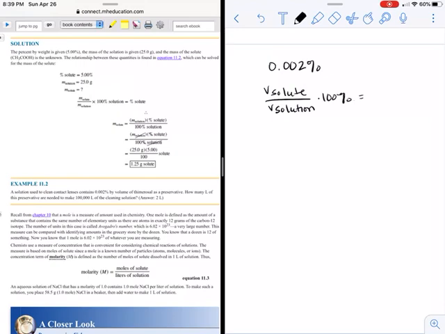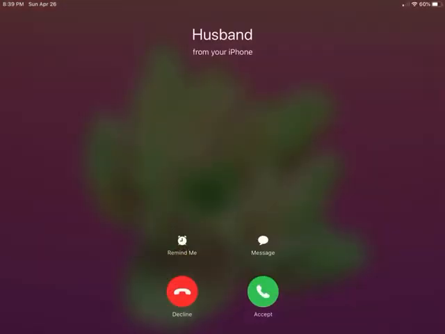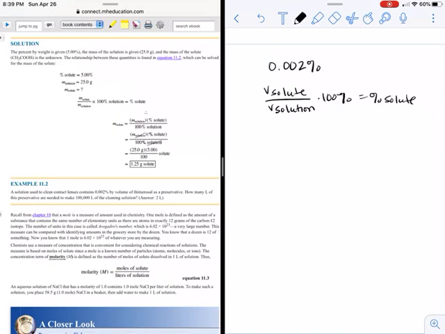So you can do the same exact equation. If you are going to try to figure out how much solute, you can do the same thing where you take this and multiply it over to the other side. So you've got 0.002% times this 100,000 liters of solution.